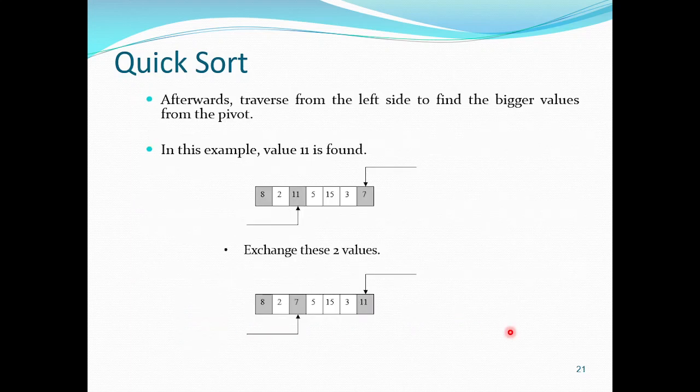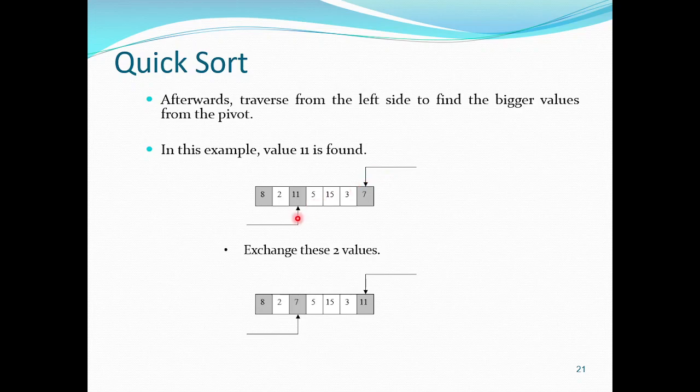Okay. So let's say we have this array. Start with 8 as the pivot. Okay, and we have the left pointer and the right pointer. So first, the left pointer starts with the second element, and the right pointer starts at the end of the list.